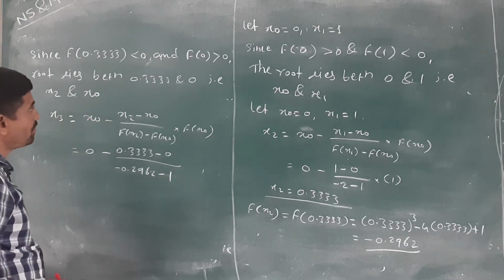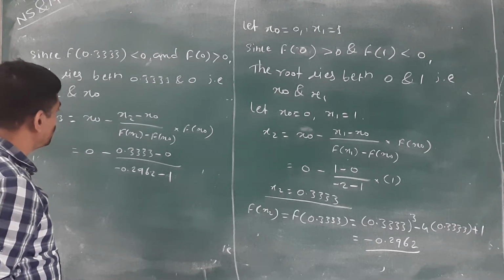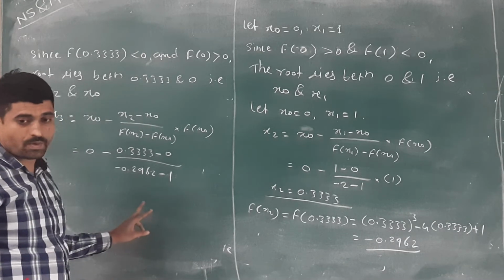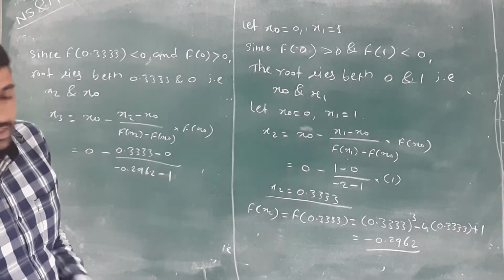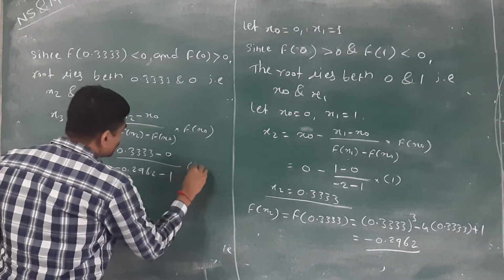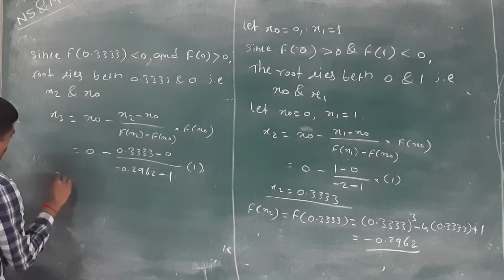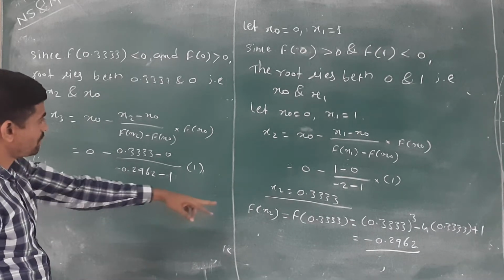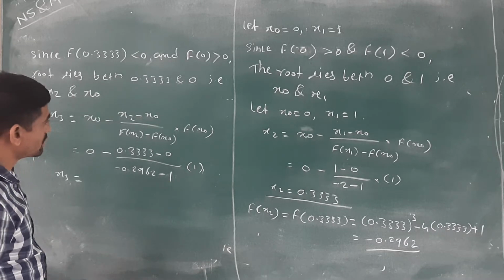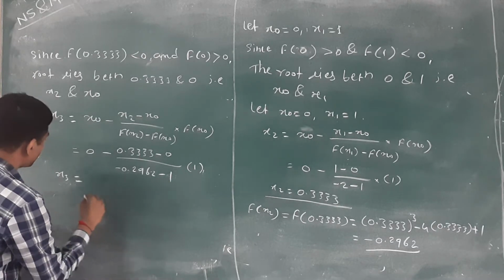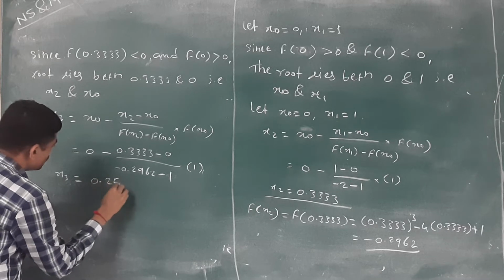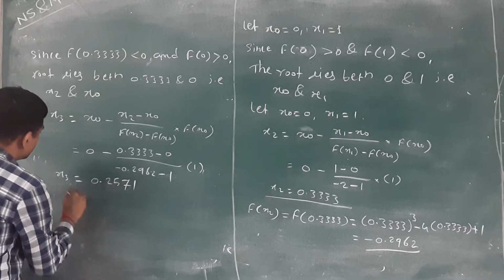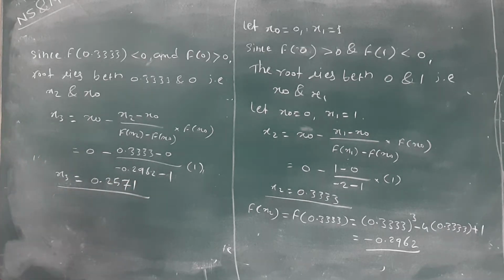Times 1. Then what is the value of x3? x3 is equal to 0.2571. You will get the positive value for x3. Okay, all of you getting it? You will get the positive value for x3.